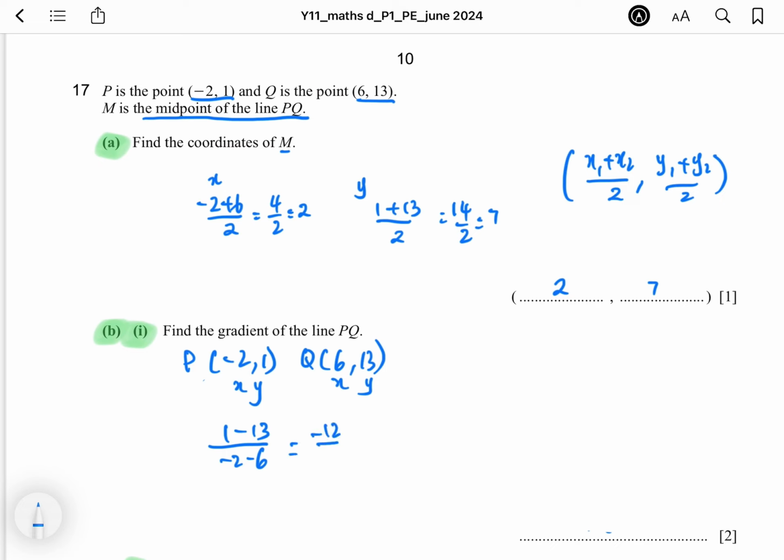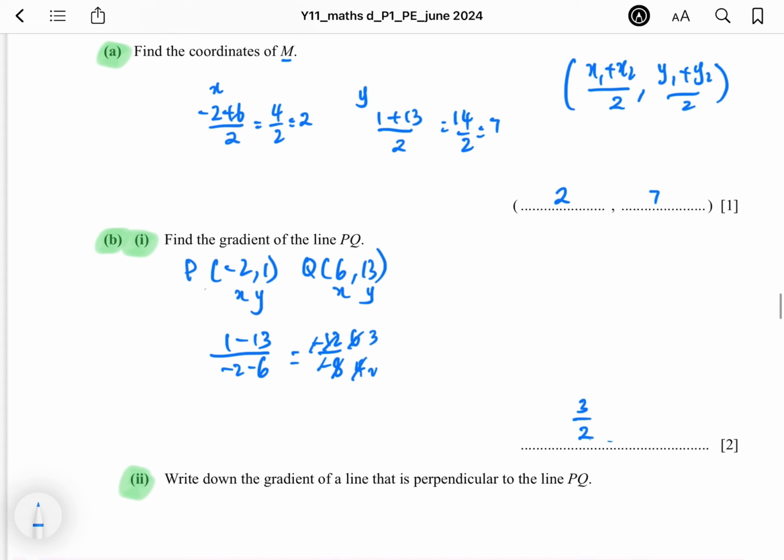So that would be minus 12, minus 8, right? So that would be 3 over 2.